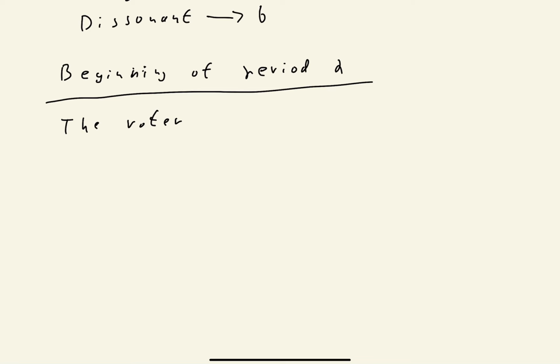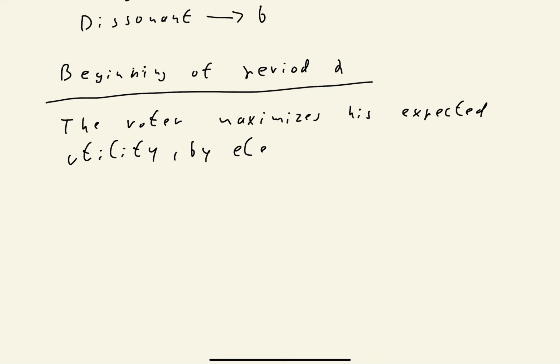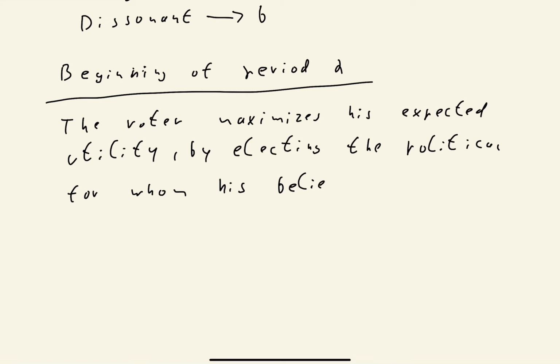Okay, so given this information, the voter maximizes his expected utility by electing the politician for whom his belief about being a congruent type is highest.